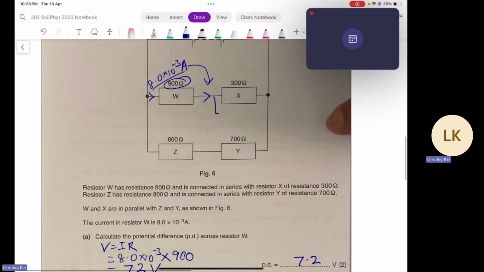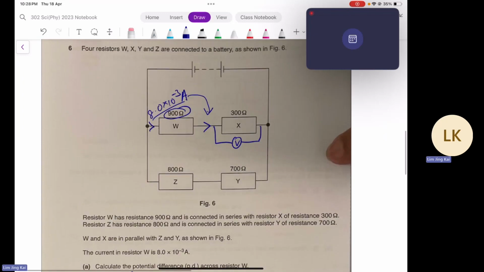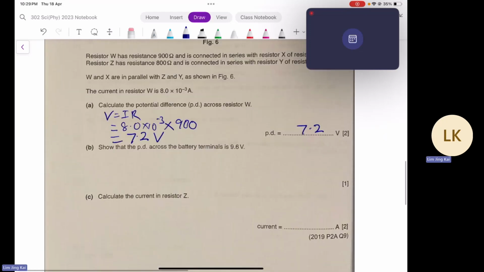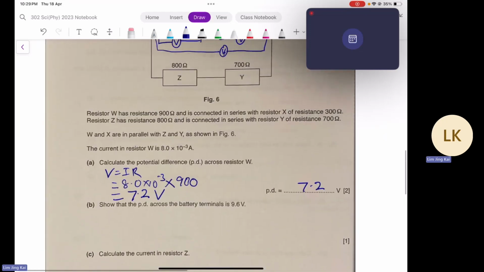Because if I know the voltage across the 300 ohm, and I know the voltage across the 900 ohm resistor, then the total EMF, the total potential difference across the whole branch is actually the same as the EMF. So that's the idea that we are working on. Okay, so let's work from that angle.